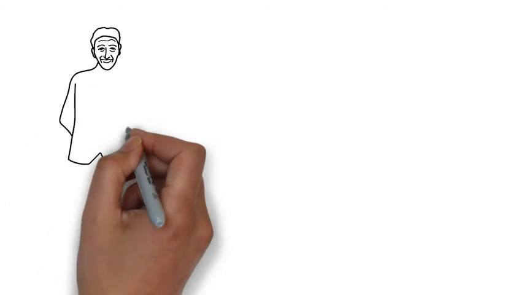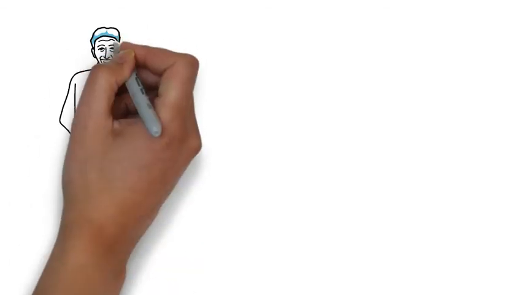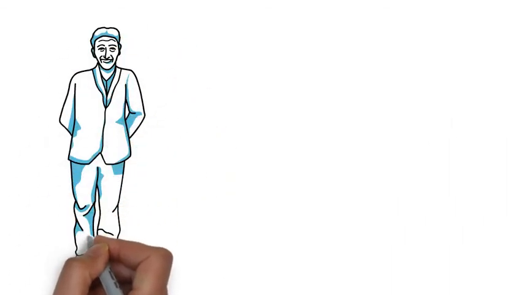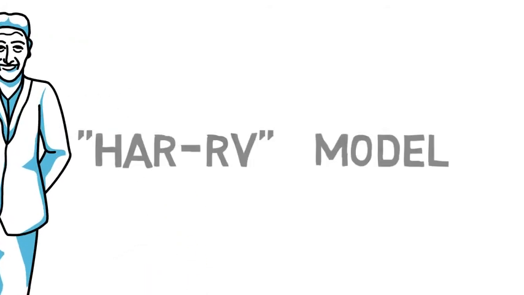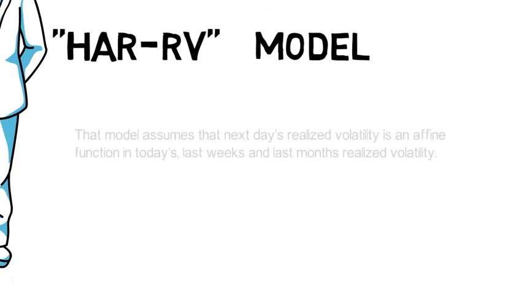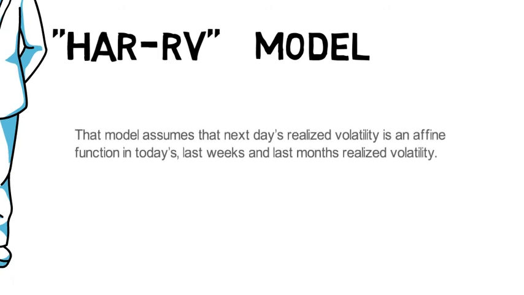So that 2009 Journal of Financial Econometrics publication of Professor Corsi used the above-mentioned concepts to introduce the so-called HAR-RV model. Now that stands for Heterogeneous Autoregressive Model for Realized Volatility. That model assumes that next day's realized volatility is an affine function in today's, last week's and last month's realized volatility.